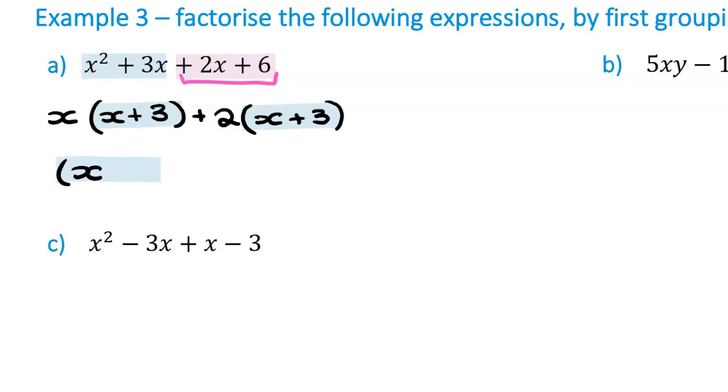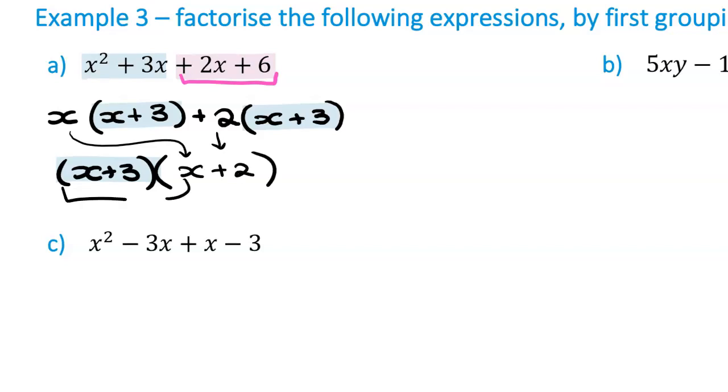So let's write that in. And then we just need to scoop up the things that were attached to that highest common factor. So we're going to scoop up that x and scoop up this plus 2, because x times this bracket was the x times x plus 3, and 2 times this bracket was the 2 times x plus 3. So that is our final answer here.